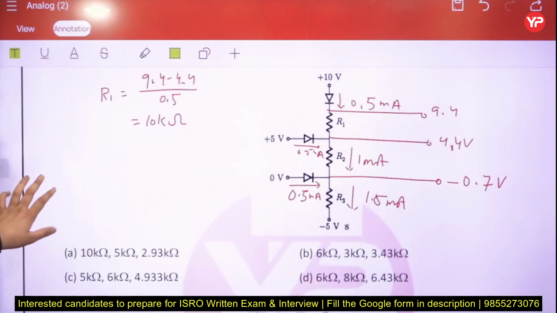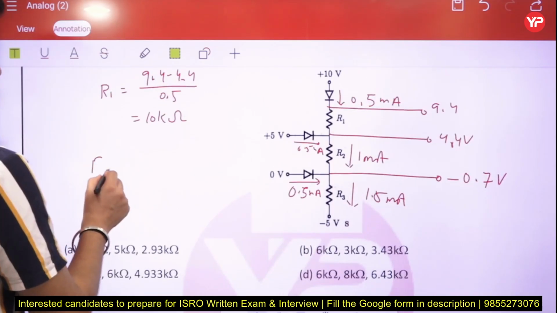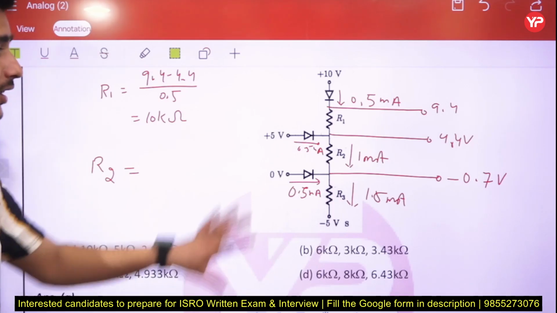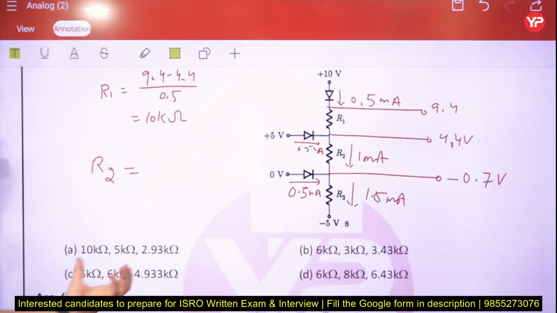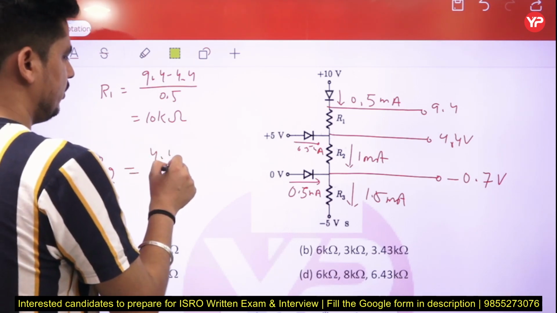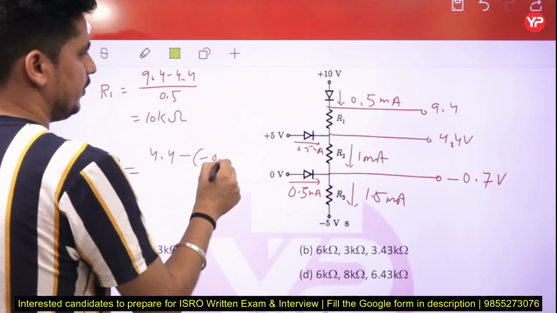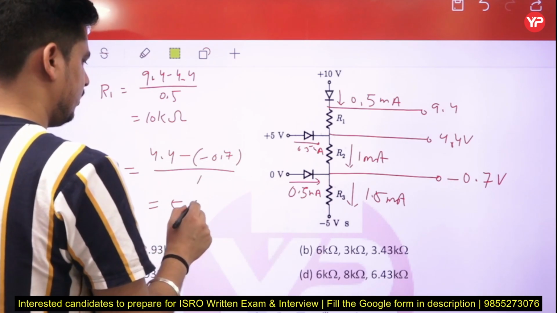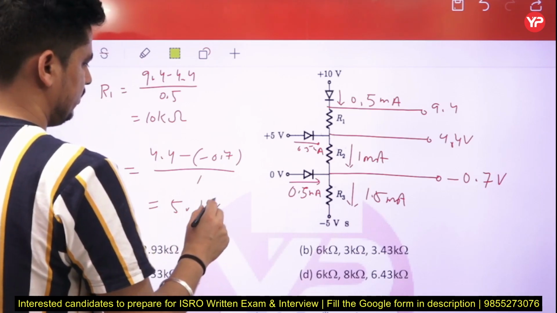Now you can similarly calculate the R2 resistance. See, in every exam like ISRO where the calculator is not allowed, they will put the options like that. You can calculate only one value and you will get the final answer. That will be 4.4 minus 0.7 divided by 1, around 1 kilo ohm.